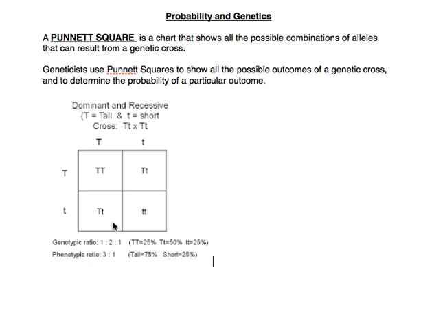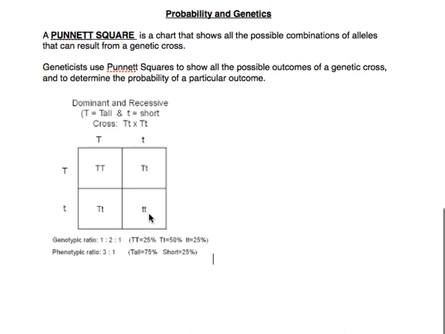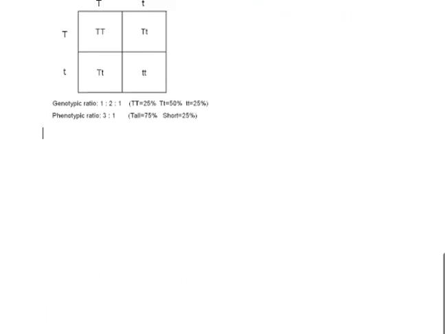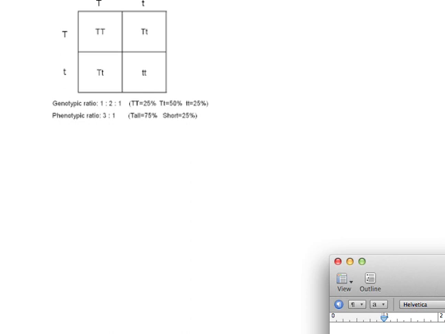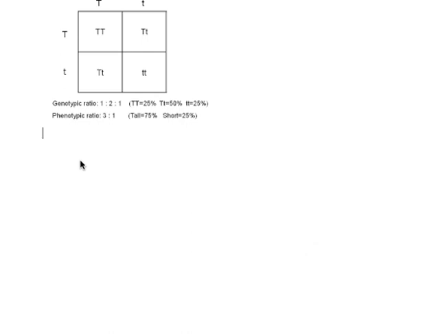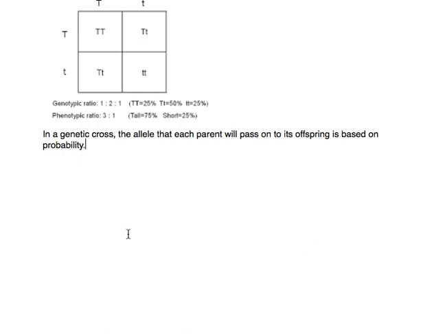As you can see, 3 out of 4 times, the plant will probably be tall, and 1 out of 4 times, the plant will probably be short. Okay. And I have that written down. In a genetic cross, the allele that each parent will pass on to its offspring is based on probability.